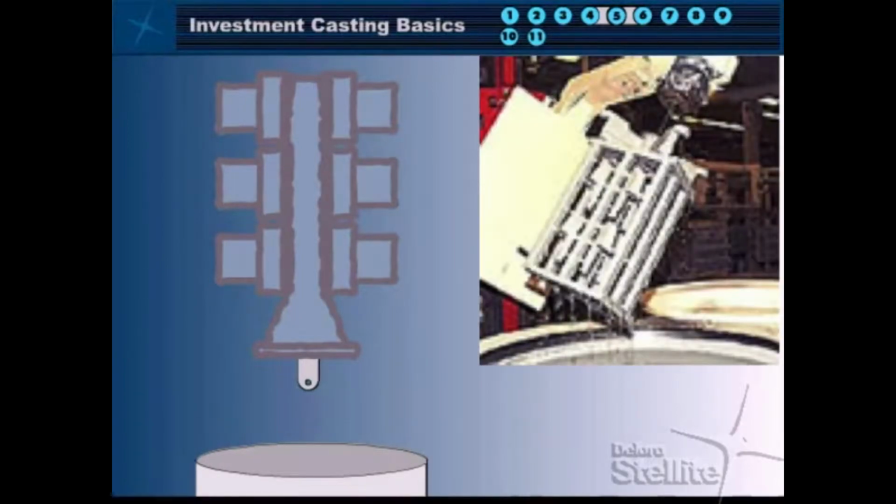Continuing with our tree or cluster of 8 patterns embedded in a wax process geometry, we see a robotic arm dipping the tree into a slurry of pre-ceramic binder and evenly coating the entire interior profiles of the tree with the pre-ceramic binder.